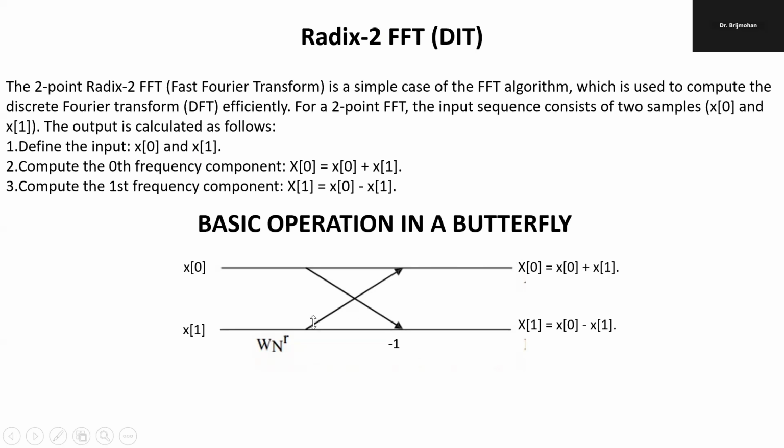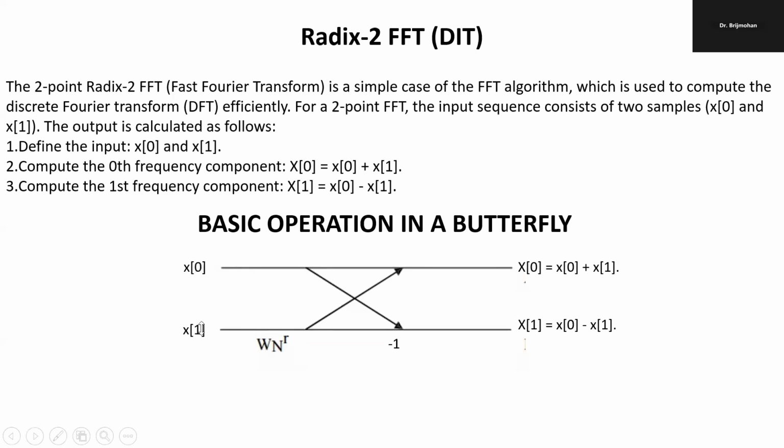This will come by following the path x0 to x1 multiplied by the twiddle factor, and after adding these two terms we will get the Fourier transform of small x0.